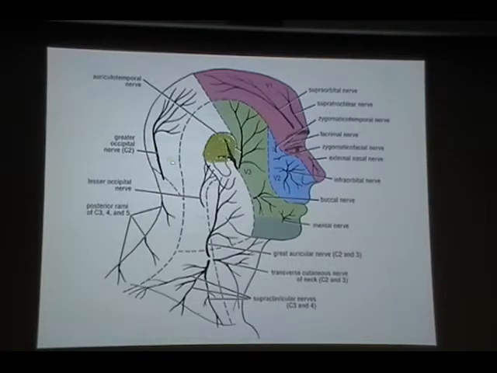The largest one is greater occipital, and that will kind of overlap with the lesser occipital in front of it, but also, at the peak of the skull, what we call the vertex of the scalp, with these supraorbital branches of V1. Okay? So these are posterior rami, these are anterior rami, these are all cervical sensory nerves associated with the cervical spine. But these are posterior rami, these are anterior.